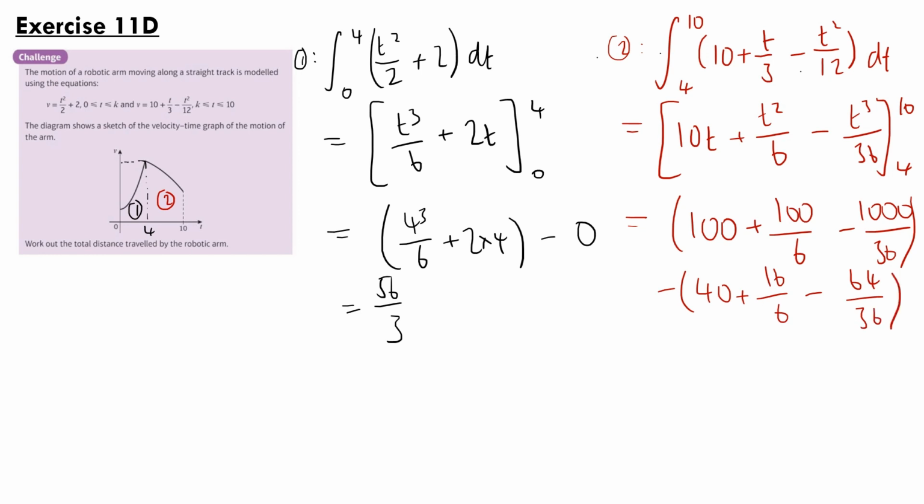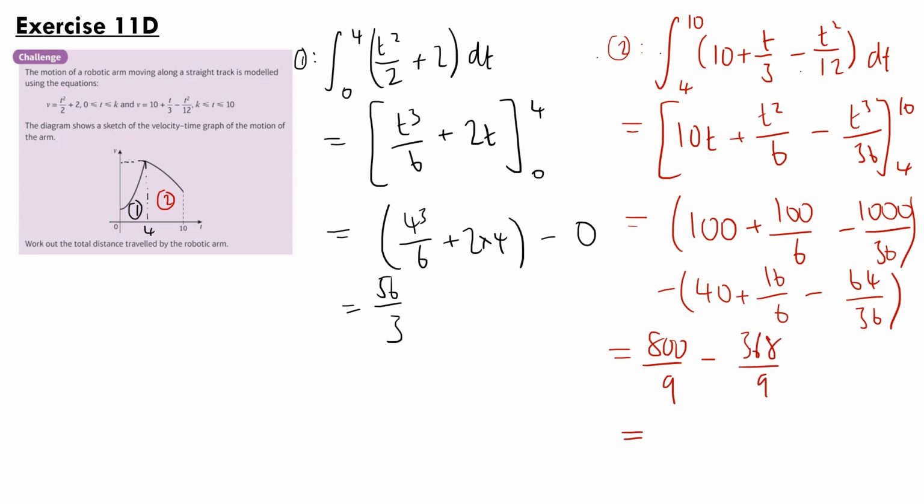and then putting this into your calculator, 100 plus 100 over 6 minus 1000 over 36, that gives us 800 over 9, and 40 plus 16 over 6 minus 64 over 36 gives us 368 over 9.